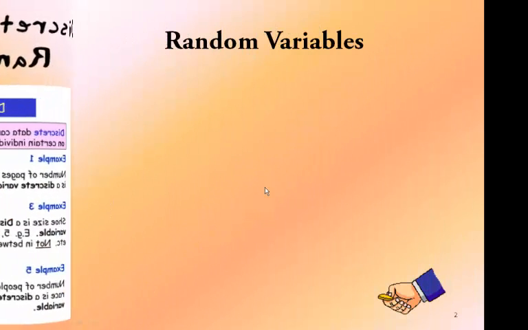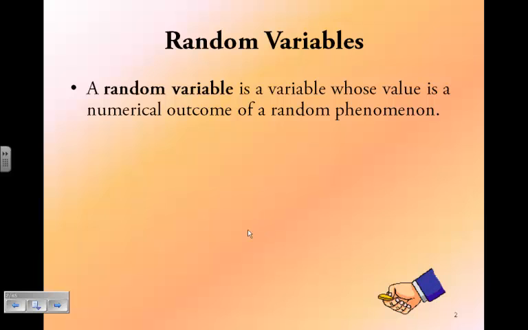So, definitions: random variables. A random variable is a variable whose value is a numerical outcome of a random phenomenon. So the key word, notice it happens 3 times on the slide, randomness. So a random variable, again, is a variable whose value is a numerical outcome of some random phenomenon.